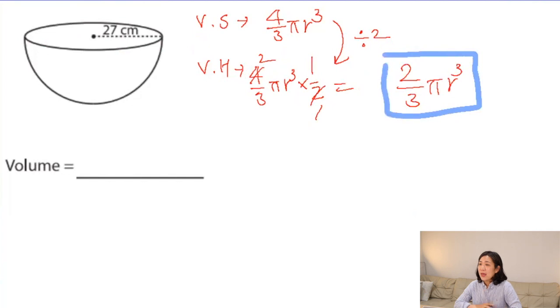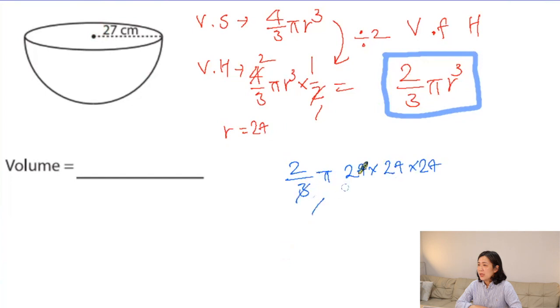Now after finding the formula for the volume of the hemisphere, let's calculate it. We know that r is 27, so it's going to be a big number. So 2/3 pi times 27 times 27 times 27. Then we simplify that and get 18 times 27 squared pi.